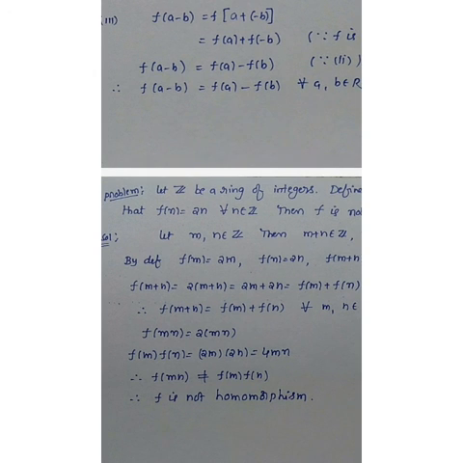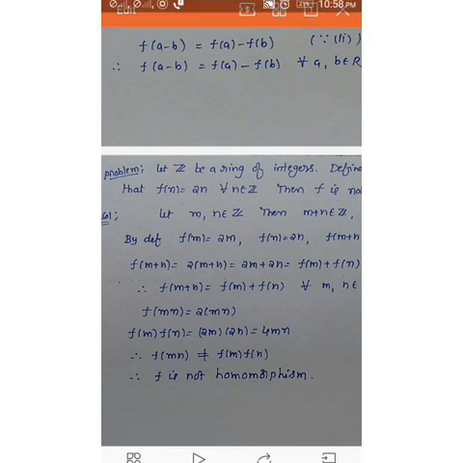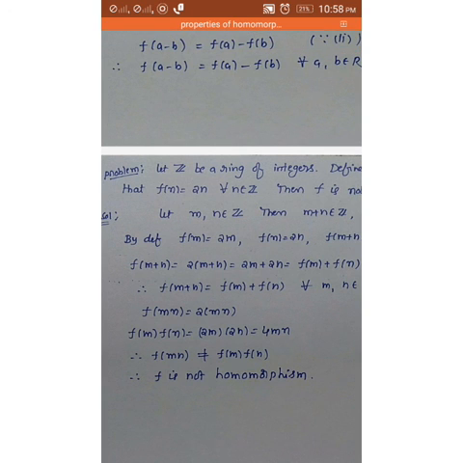So we have to verify the second condition. What is the second condition? f of mn equal to f of m into f of n. I take f of mn. By definition, f of mn equal 2 into mn. So the LHS is 2 into mn. Now I find the RHS, that is f of m into f of n. What is f of m? 2m. What is f of n? 2n. That equals 4mn.